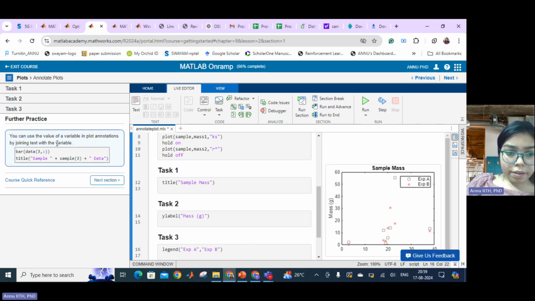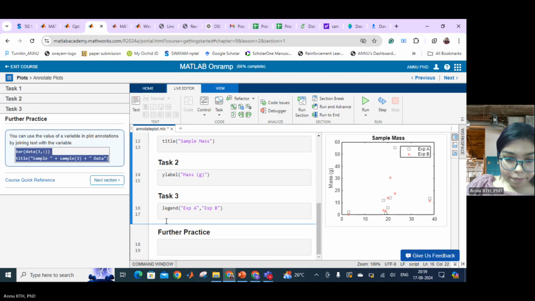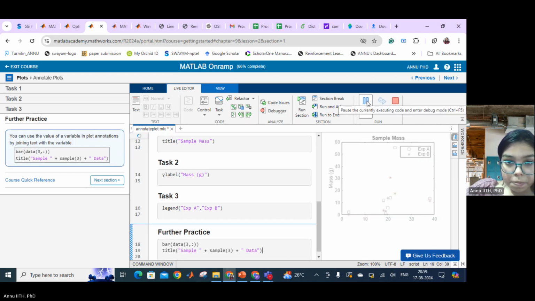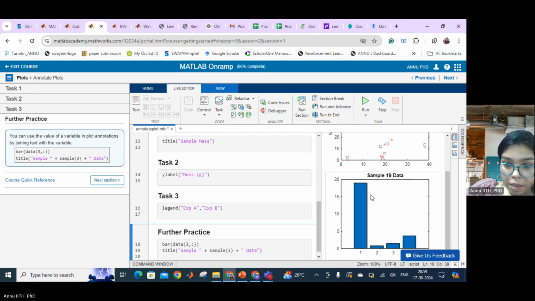Now you can use the value of A in different plot rotation. So let's have this bar. Let's see how it looks like. You see, it is showing that bar with data of 3 to 1. And sample is sample 19. So sum is actually giving the value. Sample 19 data. That's great. Some value you can take without any double comma.